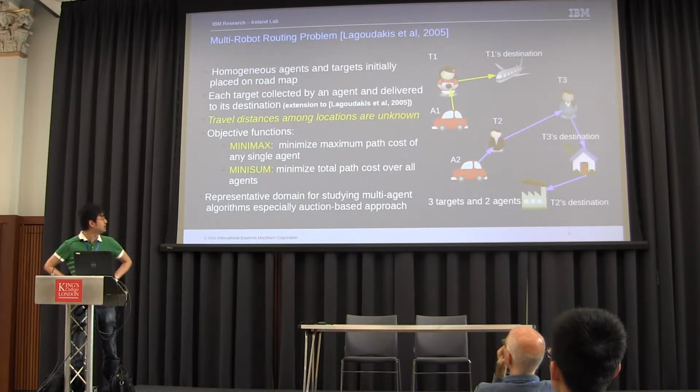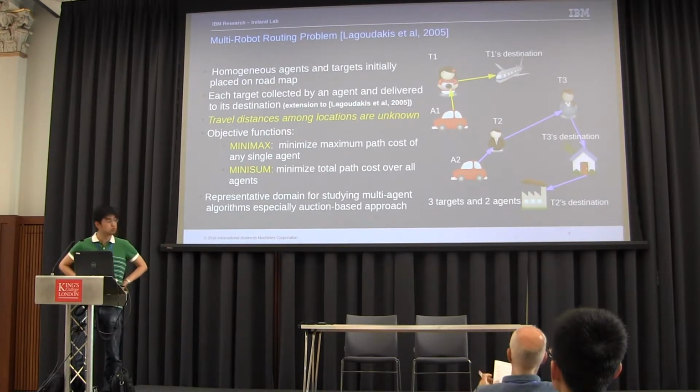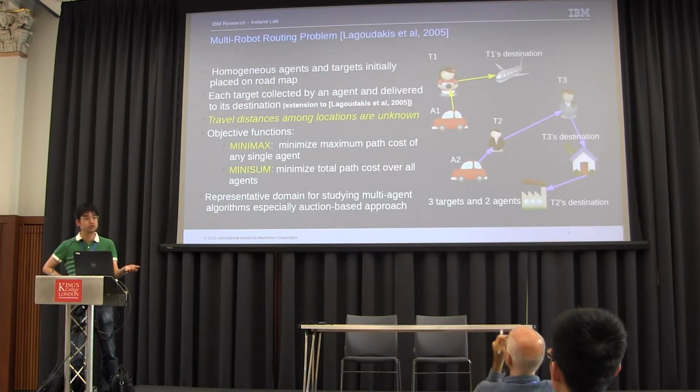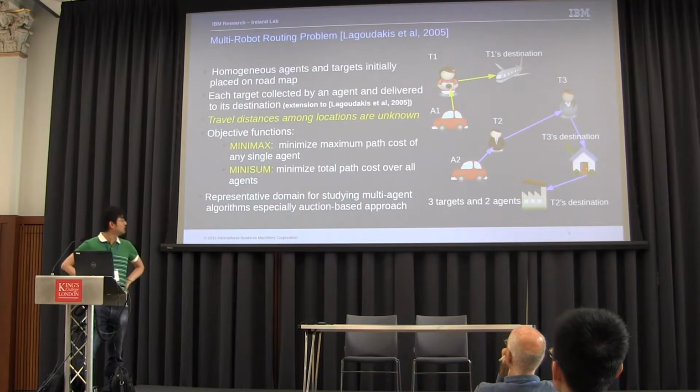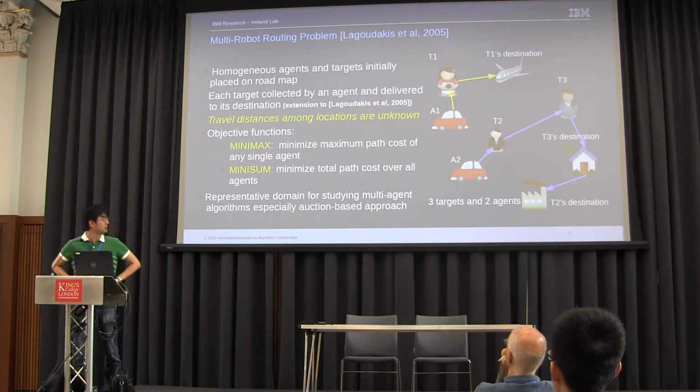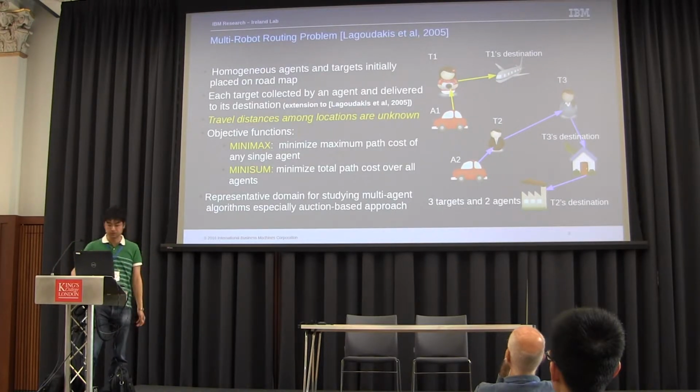And the other one is to minimize the total path cost of all agents, which means that we want to reduce the energy cost for the agents, for energy efficiency. And this has been quite a representative domain, especially for studying multi-agent techniques. And the whole topic is about using the option-based approach in order to approximate the result of this problem.